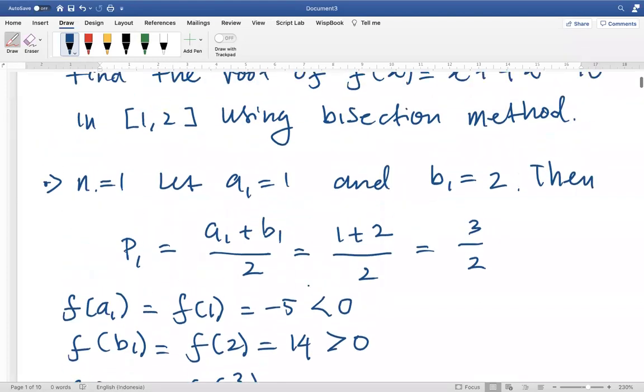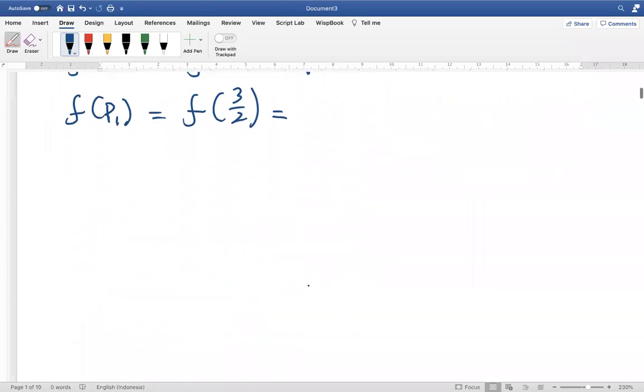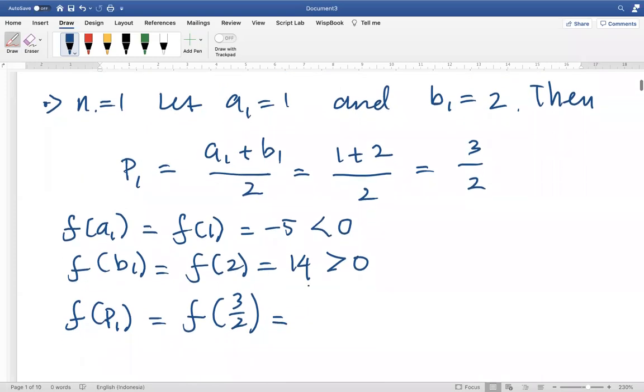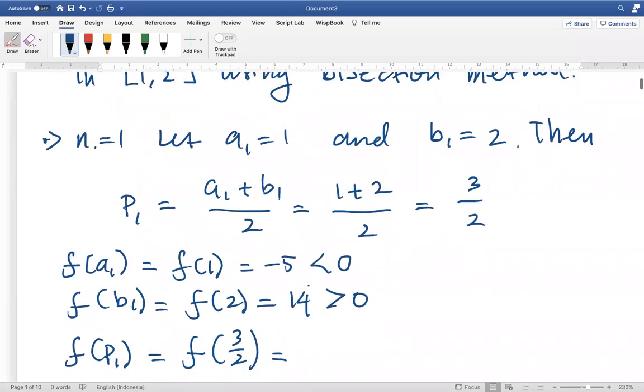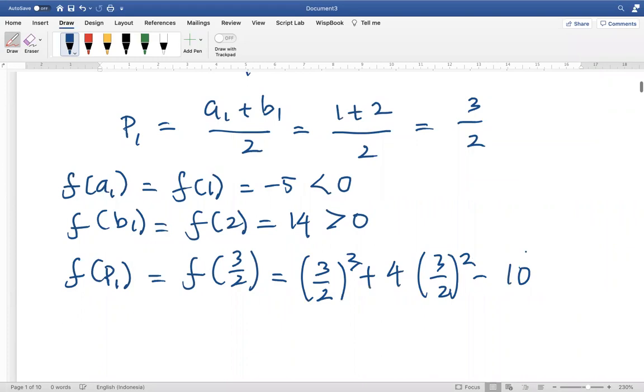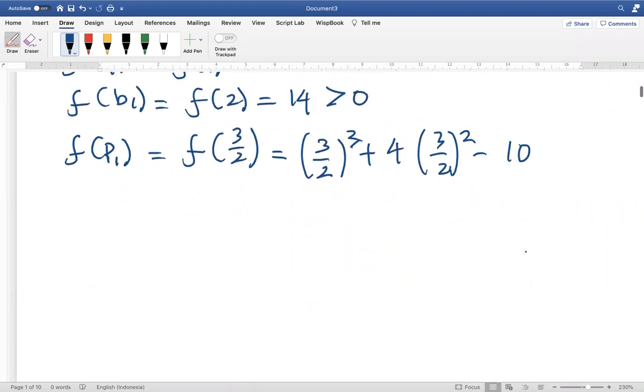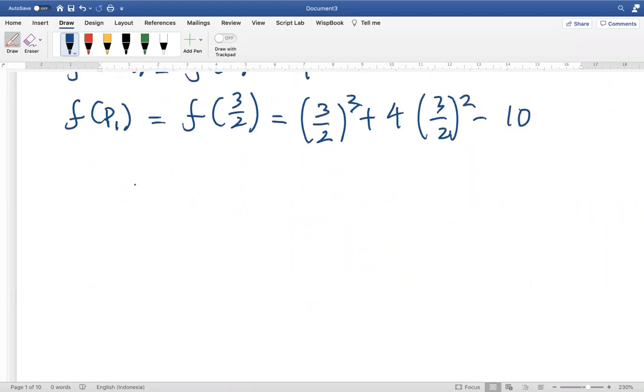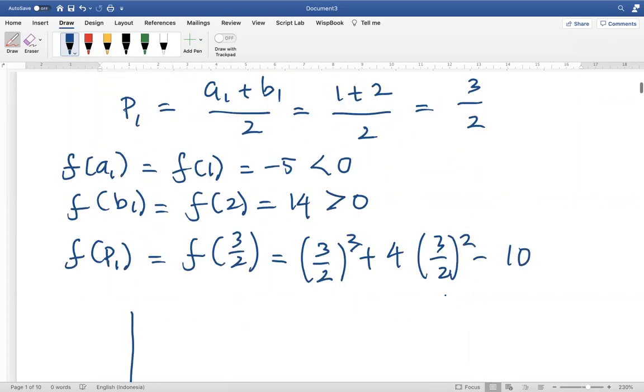Do you know the Horner method? Normally you can calculate like this: (3/2) cubed plus 4 times (3/2) squared minus 10. This is the normal way, but we can apply the Horner method. How does it work? Look at this.